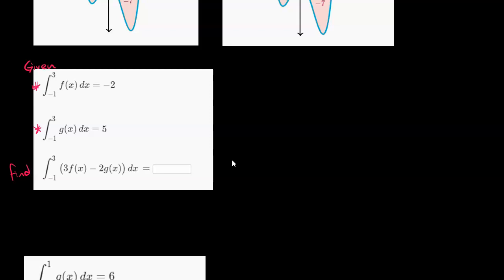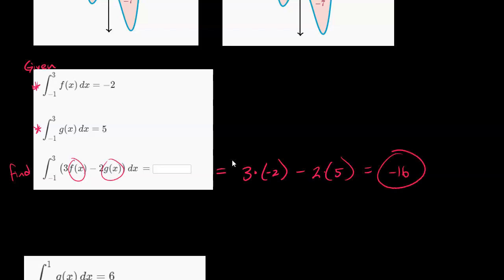Find the integral from -1 to 3 of 3 times f of x minus 2 times g of x. And once you get comfortable enough with these, you basically should immediately be able to do 3 times -2 minus 2 times 5. Because you know that this is -2 and this is 5. So what do we get? -6 minus 10? -16.